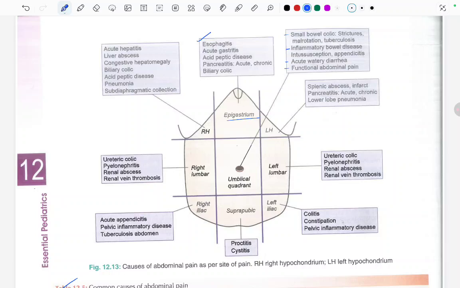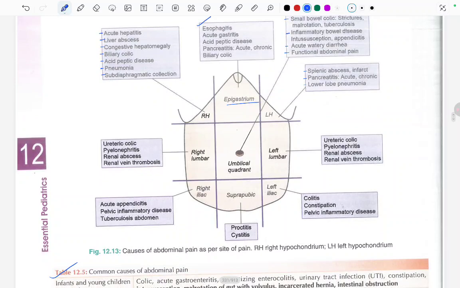If there is pain in the left hypochondriac and right hypochondriac, let's read first about the left hypochondriac. There is the spleen, so there can be splenic abscess, infarct, also pancreatitis, acute and chronic, and lower lobe pneumonia. And in the right hypochondrium, there can be acute hepatitis, liver abscess, congestive hepatomegaly, biliary colic, acid peptic disease, pneumonia, and subdiaphragmatic collection.